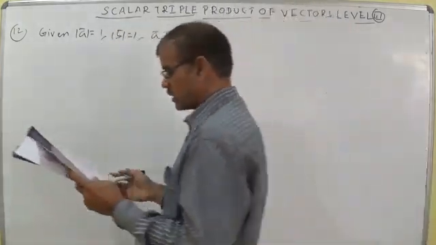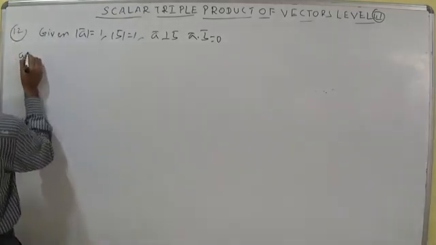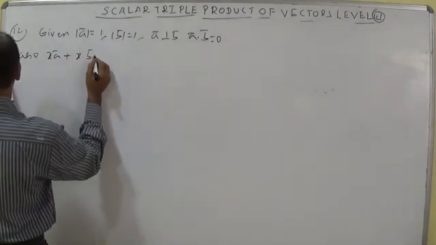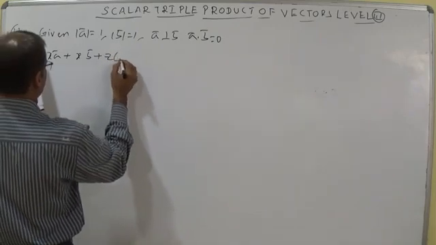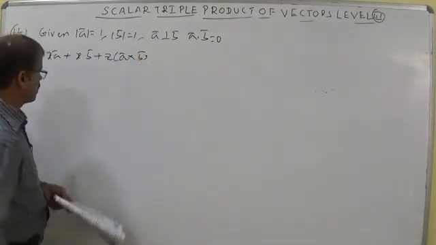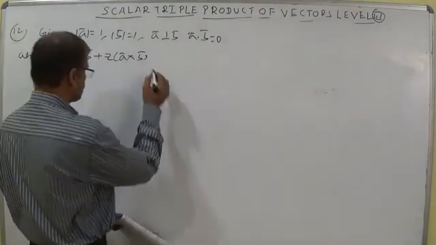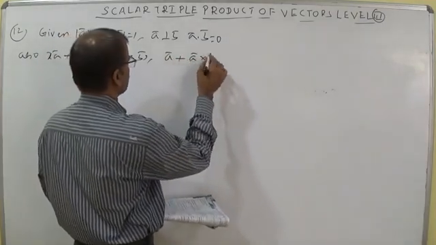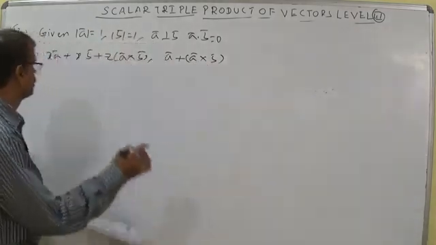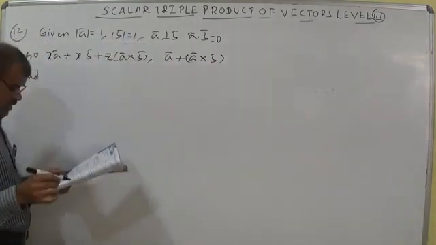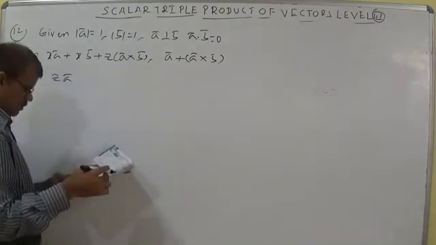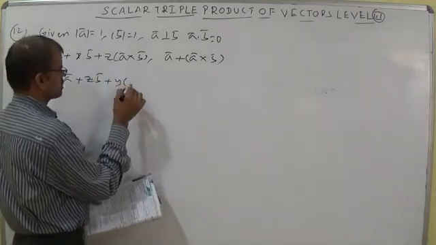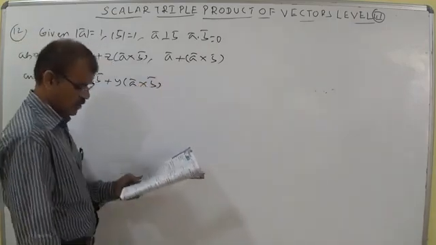The vectors given: X A bar plus X B bar plus Z into A bar cross B bar, that is one vector; simple A bar plus A bar cross B bar is another vector; and Z A bar plus Z B bar plus Y into A cross B is the third. They lie in a plane.